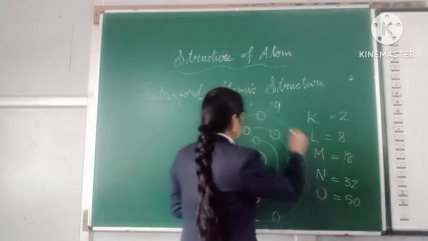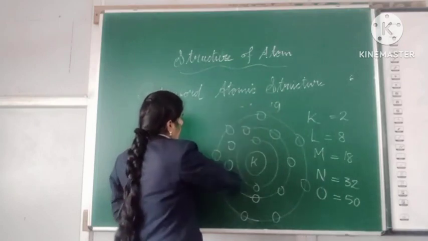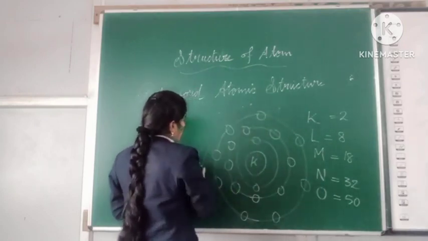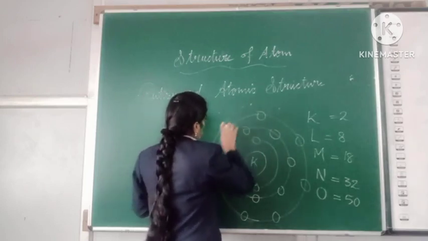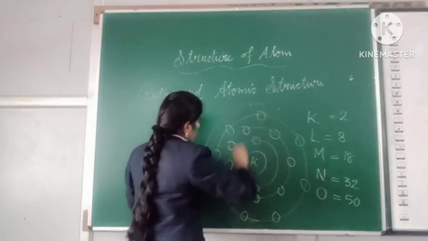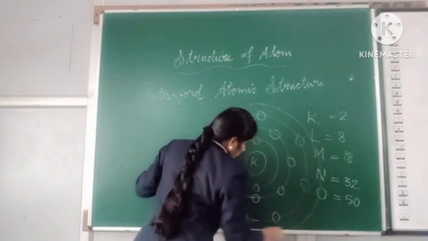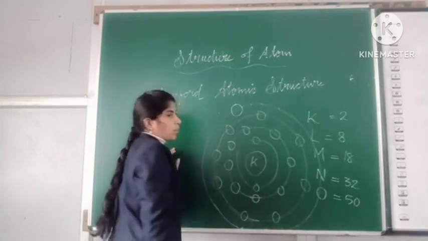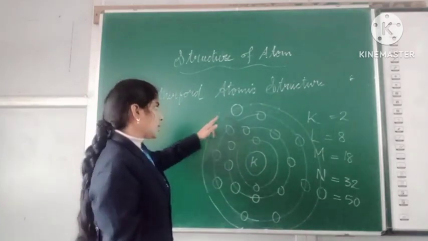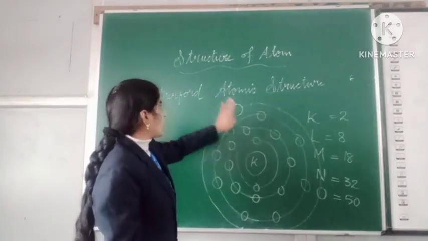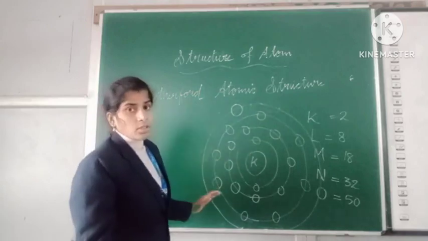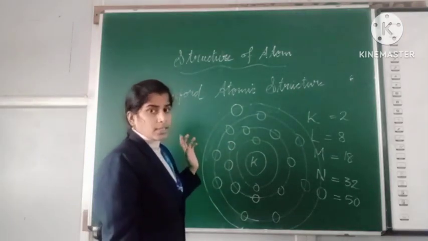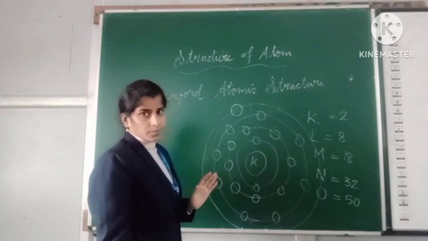One more electron remains, and it goes into the outermost shell, which in this case is N. That also accommodates 1 electron. So the total is 19. In this format, Rutherford arranged the subatomic particles in the atom as the atomic structure.